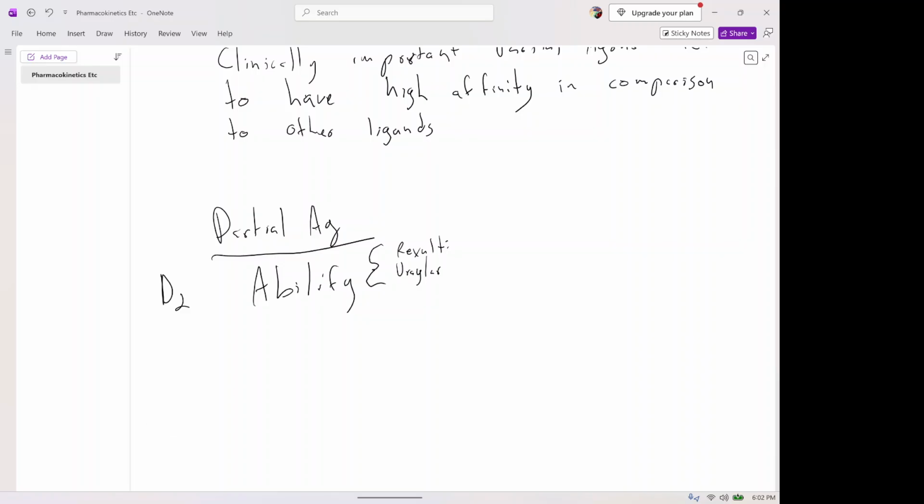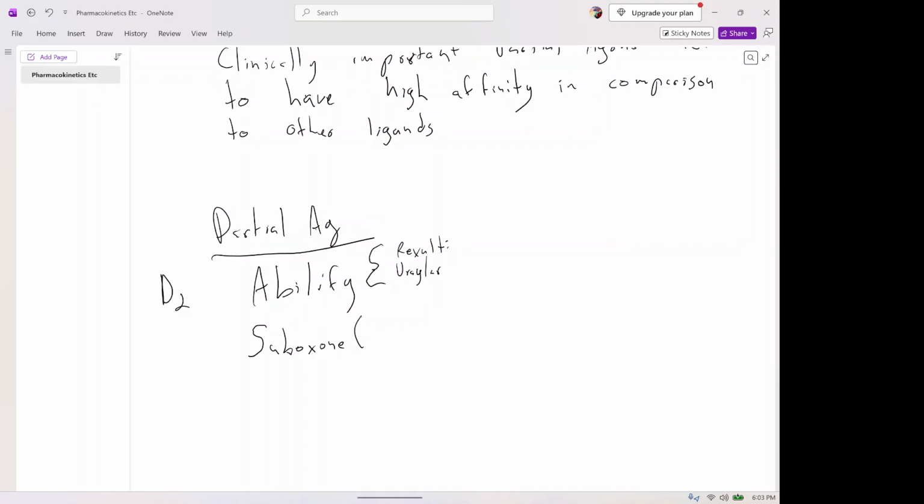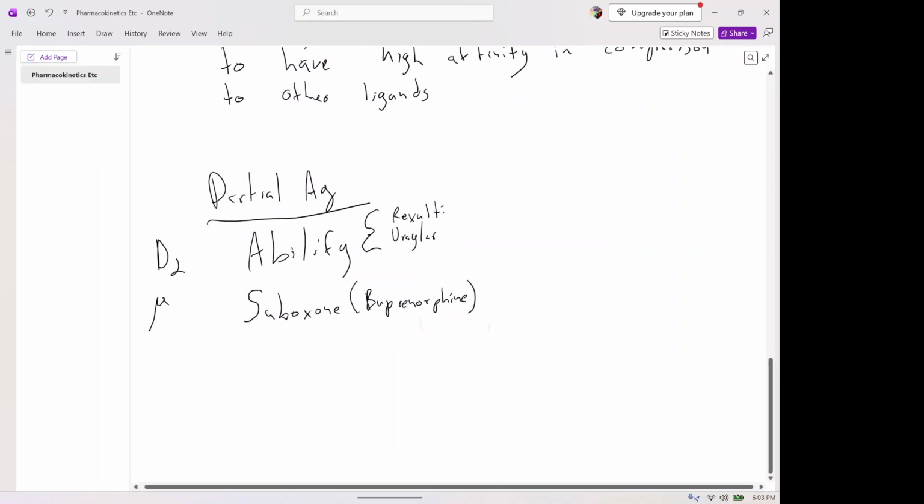Another partial agonist that is clinically relevant that we do use and you should know about is Suboxone, or specifically the buprenorphine in the Suboxone. The other element of Suboxone is an opioid blocker, but this is the mu opioid receptor.